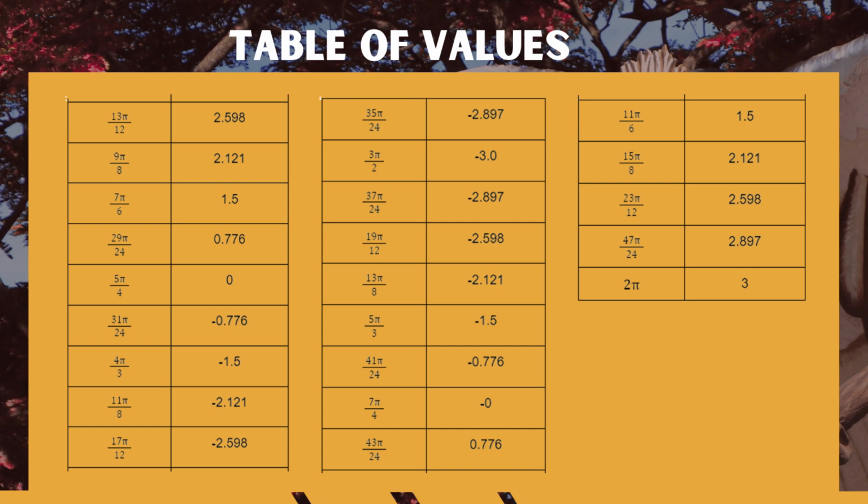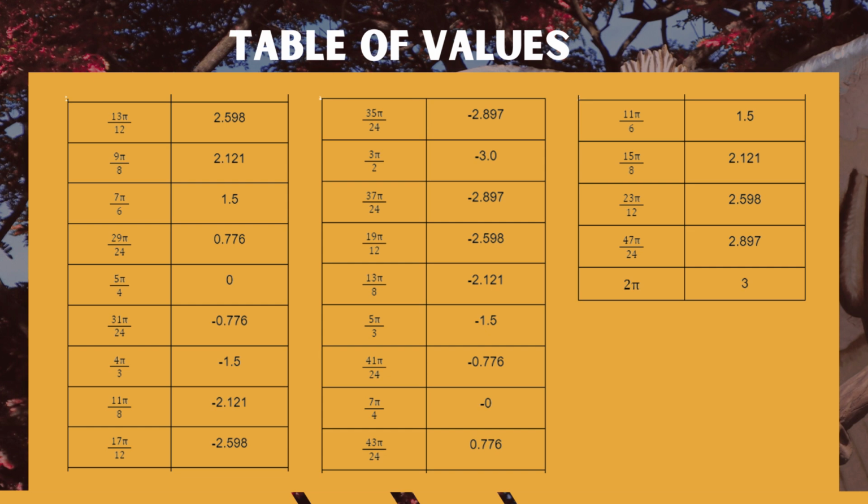If 31 pi over 24, we get negative 0.776. If 4 pi over 3, we get negative 1.5. If 11 pi over 8, we get negative 2.121. If 17 pi over 12, we get negative 2.598. If 35 pi over 24, we get negative 2.897. If 3 pi over 2, we get negative 3.0.